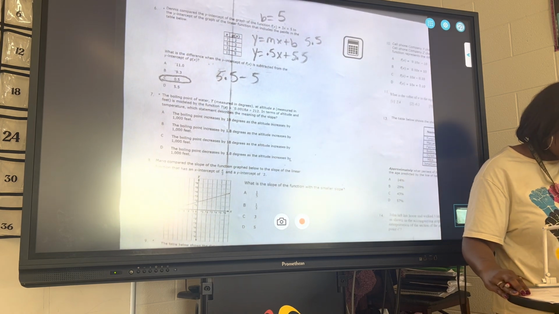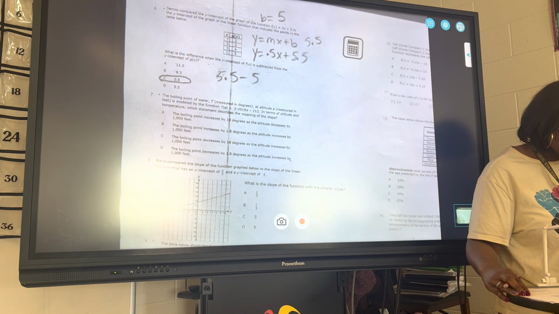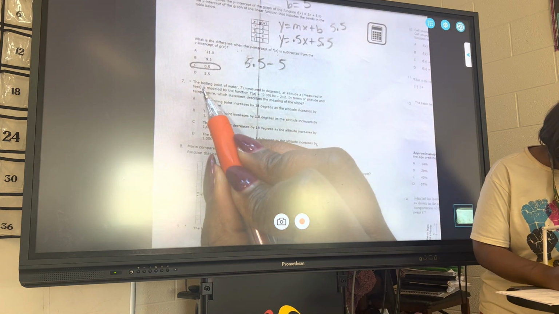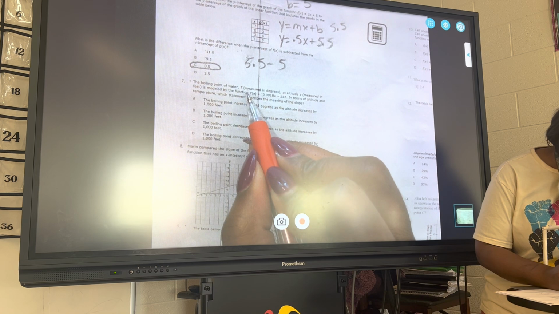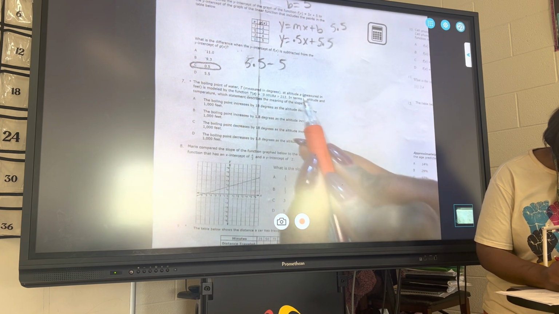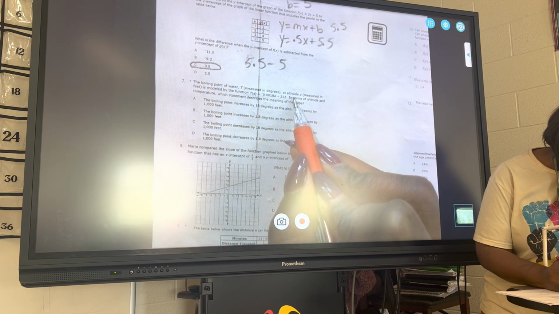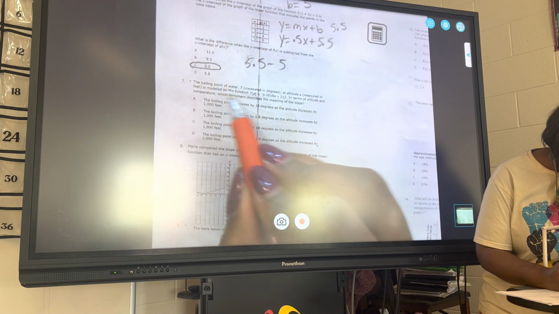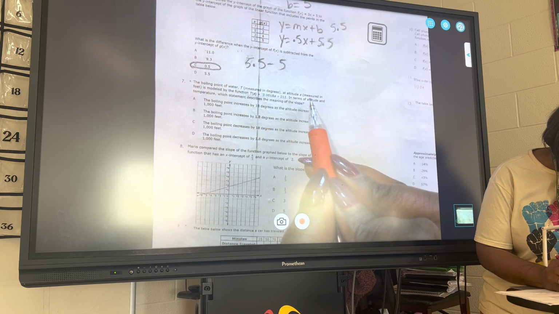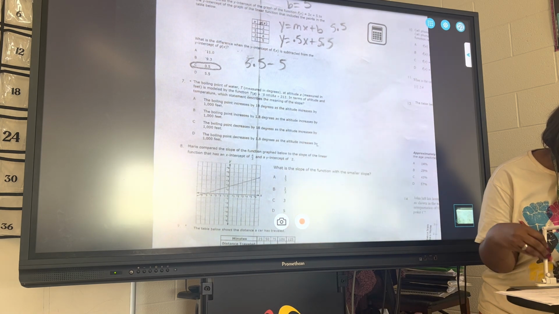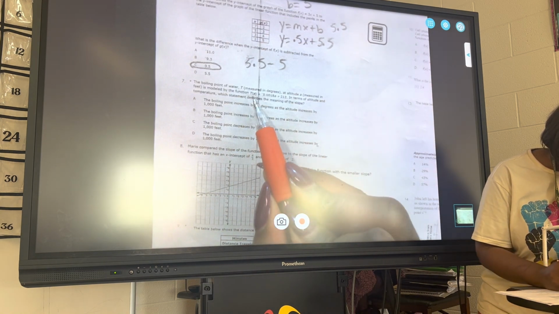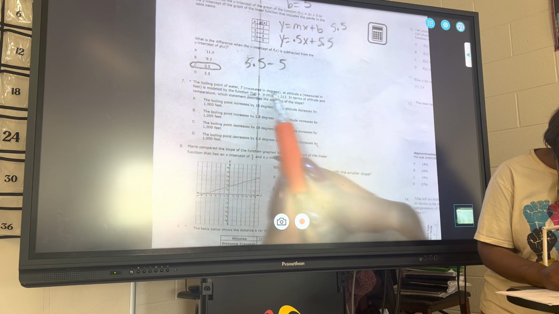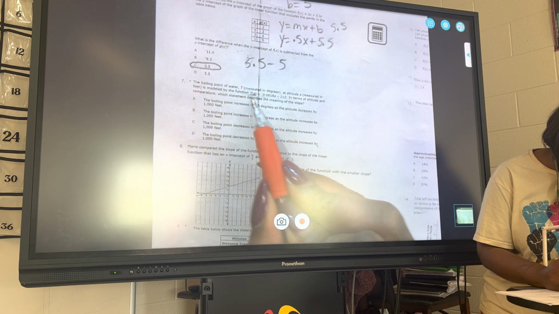Okay. You good? Are you understanding so far? Okay. Number 7 says the boiling point of water, T, measured in degrees at an altitude A, measured in feet. So T is the degrees, and A is how tall it is, and that's measured in feet. So the total degrees is equal to this equation right here, and this is a linear equation.